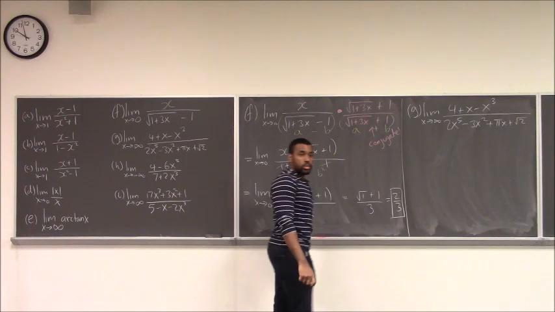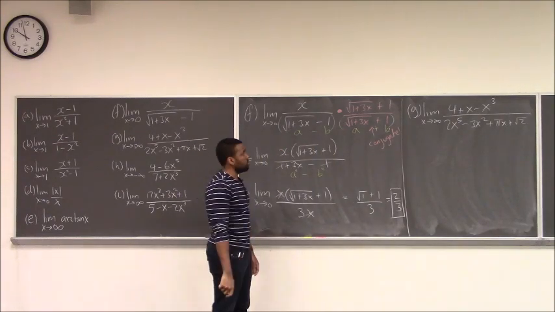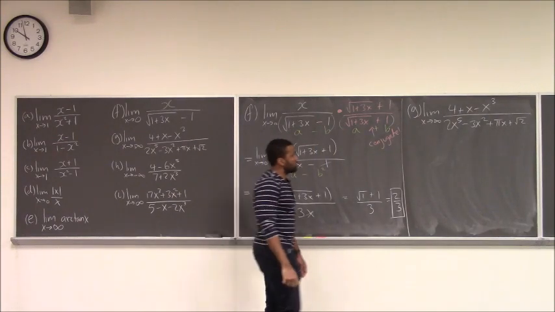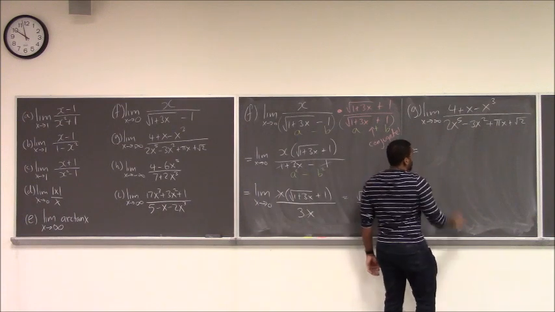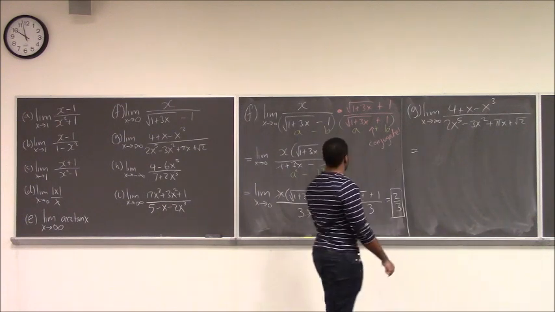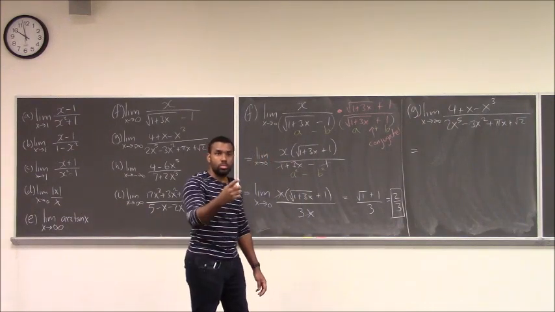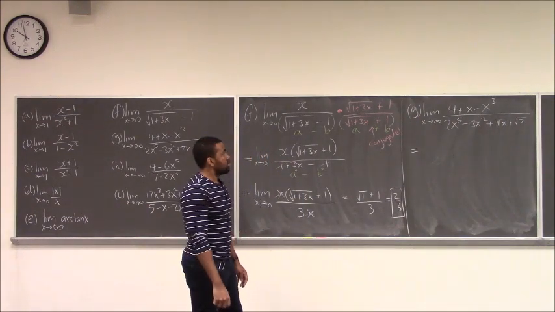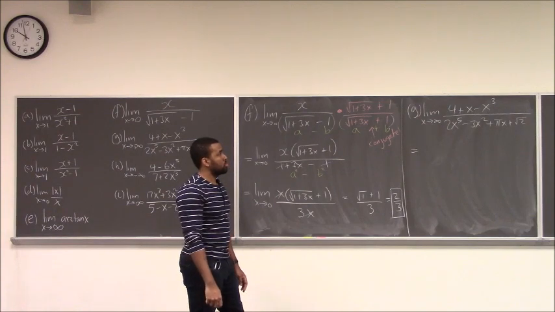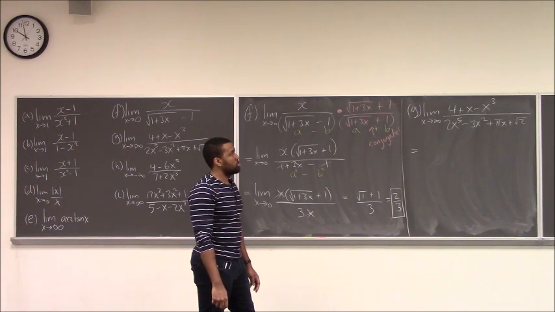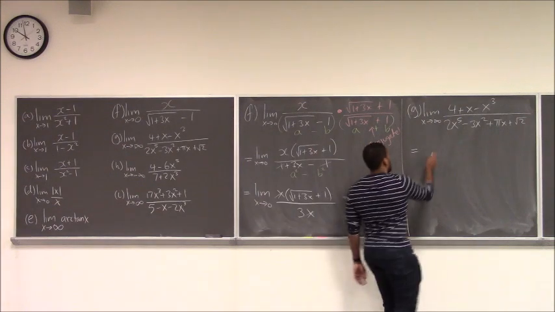Okay, we get here. Don't we only count like the highest powers, so it would be 1 over infinity, and then 0. Right, it's 0.